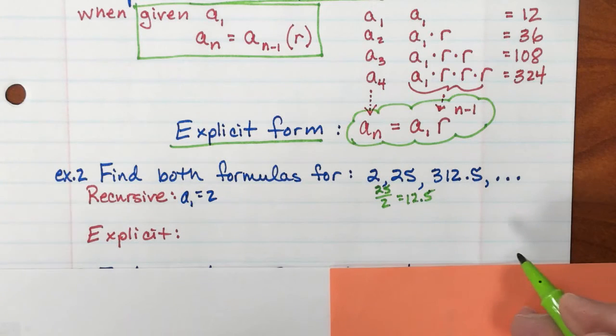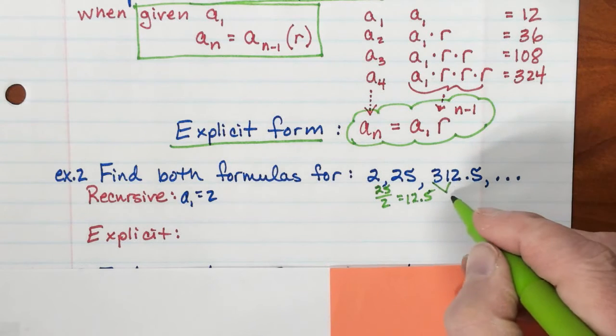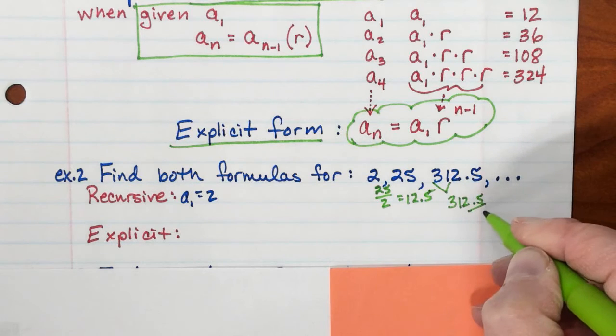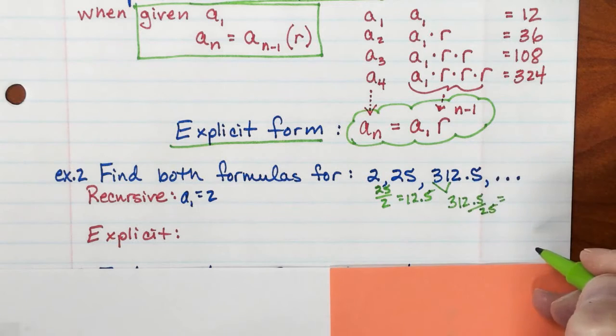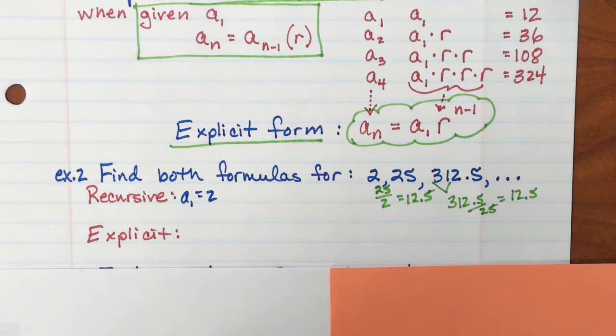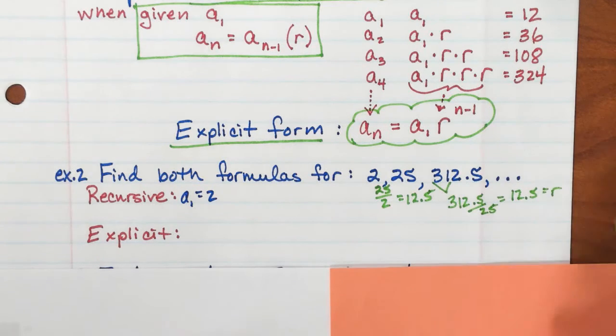You can have a decimal for a ratio, that's fine. Let's test it though. 312.5 divided by 25. What does that give me? Well, it just so happens it's 12.5. That is our r.